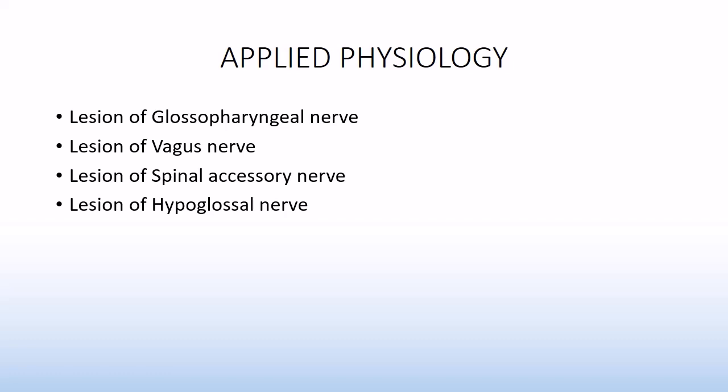The median raphe will become concave towards the paralyzed side. Then there may be atrophy of the tongue. There will be fasciculation on the affected side, and dysarthria may occur. Dysarthria means difficulty in speaking. Now bilateral paralysis will cause marked wasting with fasciculation on both sides, and protrusion will become impossible.